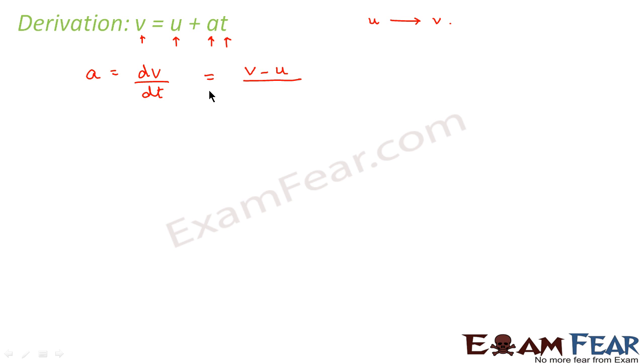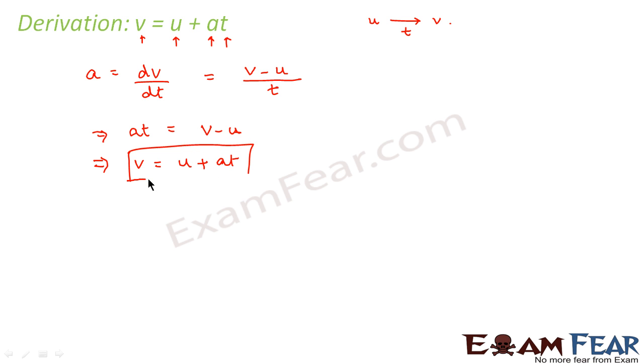Now this change in velocity takes place in time t. So this dt is t. So we find A is equal to (V minus U) by t. So we can write this as AT is equal to V minus U. This implies V is equal to U plus AT.